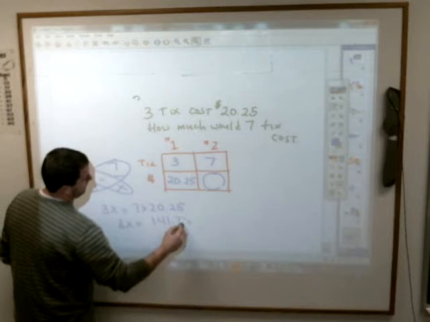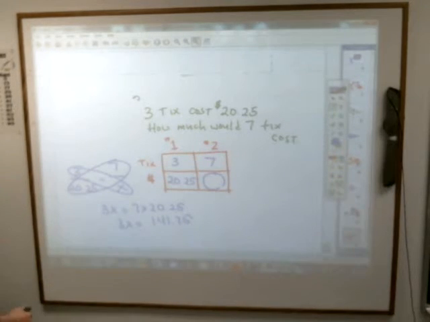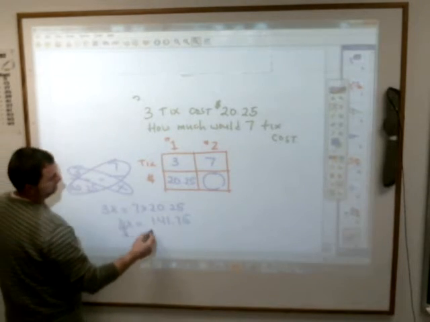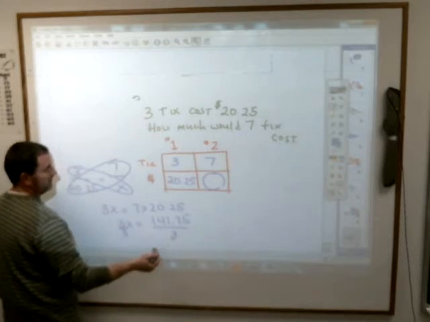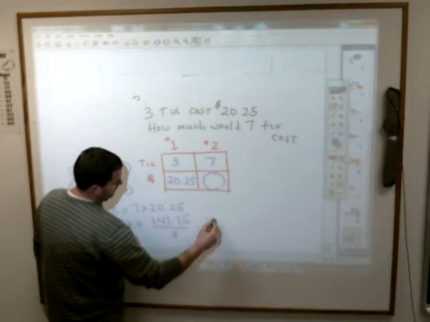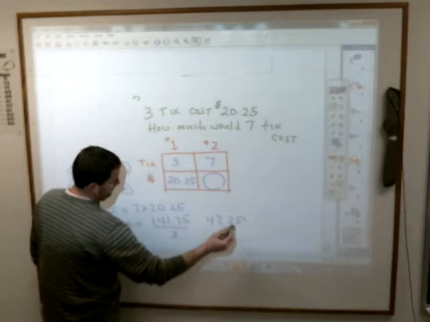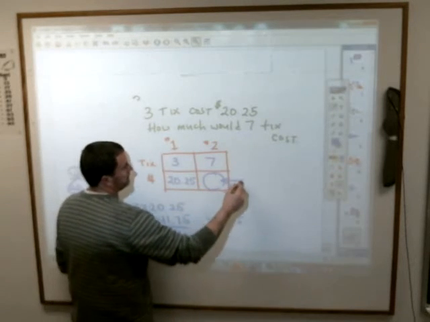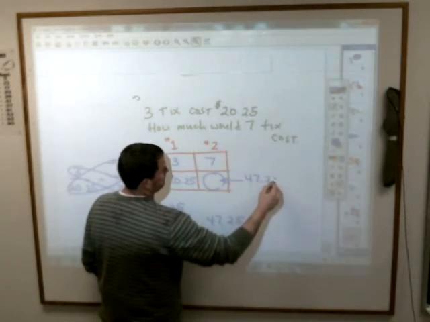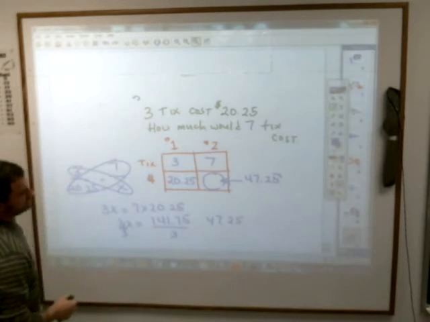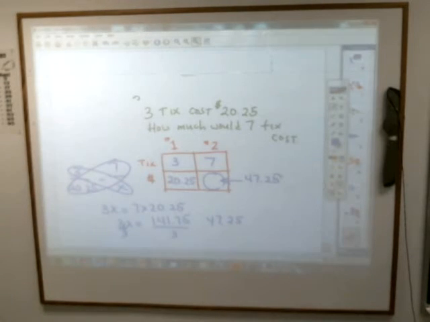Yeah, that's what I have. 141.75. Divide that by 3. 3 goes into that what? 47.25. Is that right? Somebody actually doing that out? Yeah, I trust you. I wouldn't trust me, but it's probably close.